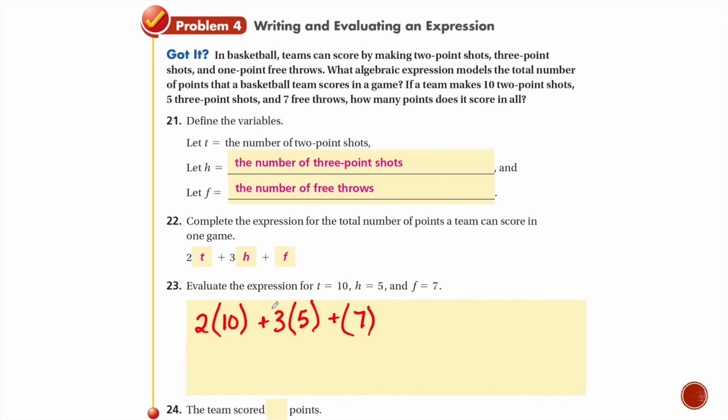Again, using parentheses wherever I see a variable, just to make sure it guarantees the correct answer each and every time. 2 times 10 is 20. 3 times 5 is 15, and then we have that 7 by itself, adding in between each and every one. So 20 plus 15 will give you 35, plus 7 equals 42. So the answer will be the team scored 42 points.